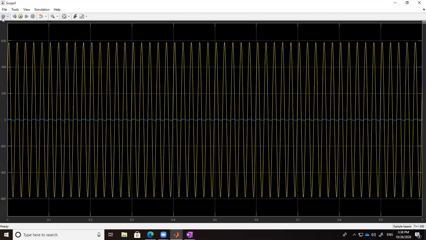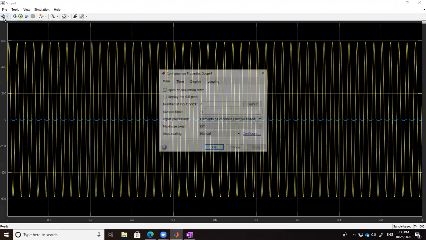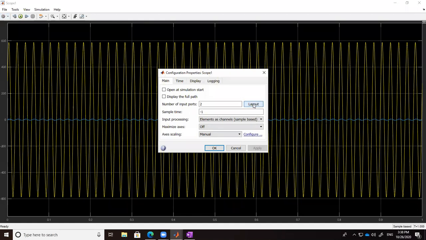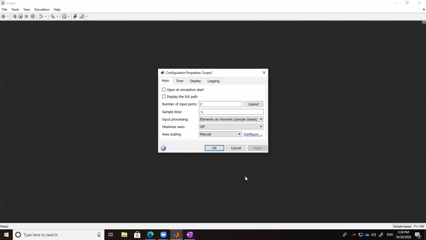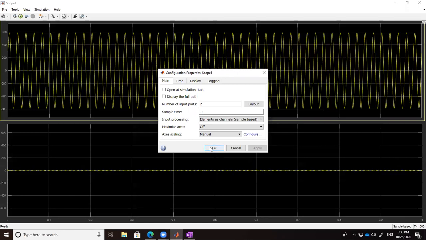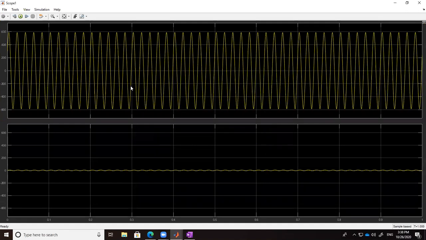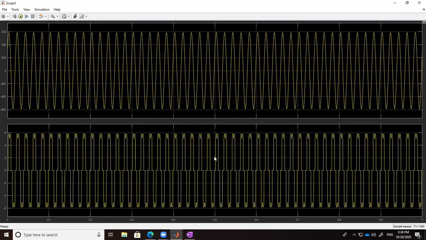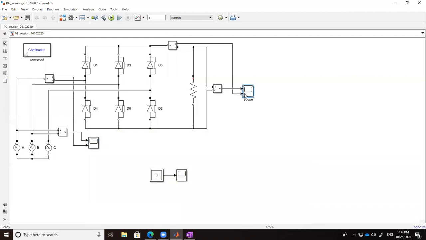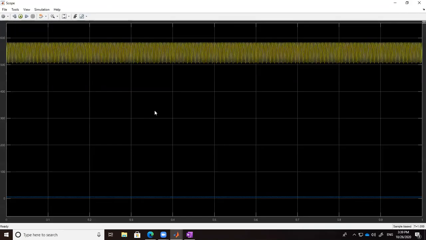So that's why we click on this button for configuration properties, go to configuration properties, layout, and this feature is applicable in higher versions of MATLAB, whereas in older versions you have separate windows available directly. So you need not worry. If you have 13 or 14, it will work fine. I will come to this part later on, but let us have a look at the output voltage and current.